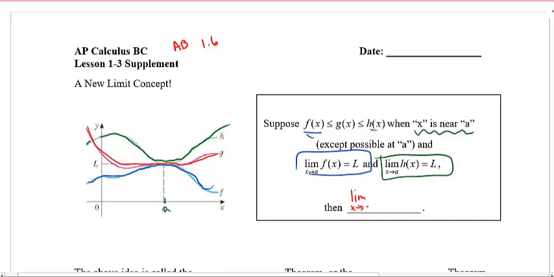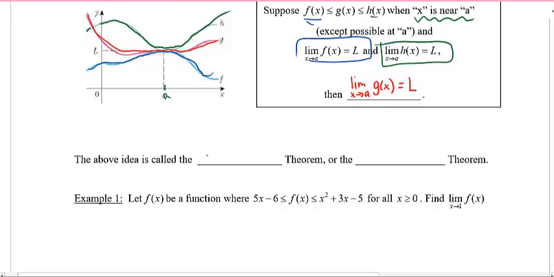I hope you can say that the limit as x approaches a of the middle function also equals L. And if you can understand that, you understand the idea of the squeeze theorem, or the sandwich theorem. This theorem comes in handy when we want to find limits, especially if we can bound them from above by a higher function and below by a lower function.